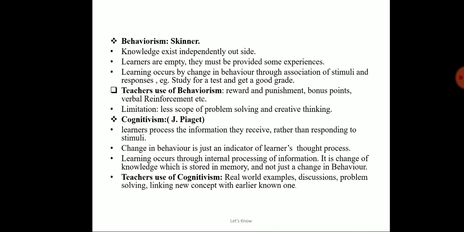The learners process the information they receive rather than merely responding to stimulus, that is, they can think about what is happening. Change of behavior is simply the indication of the learner's thought process. The learner's mind is just like a mirror, which reflects the knowledge and the skill that they have gained.